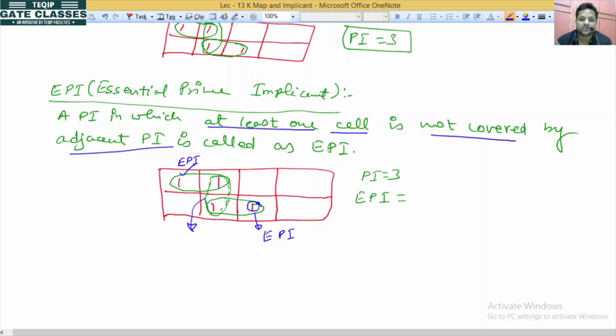All the cells involved in this grouping are covered by adjacent PIs. So this is PI, this is PI, but this one is not an EPI. So the total number of EPI will be 2 only. This group is not an EPI.